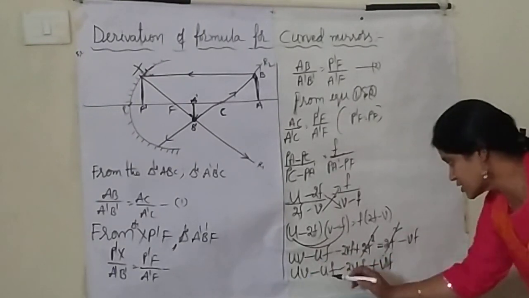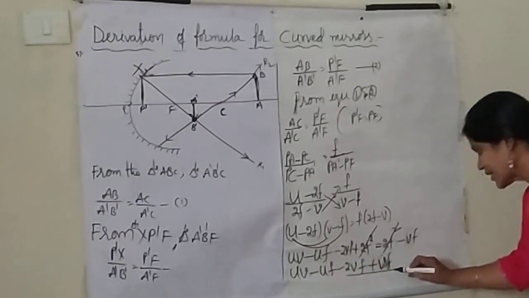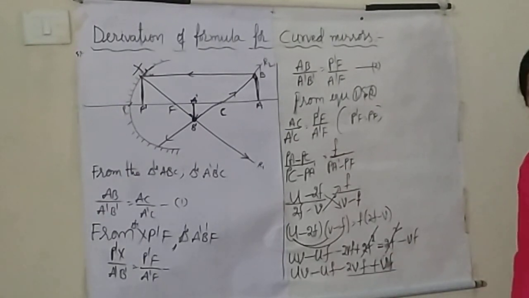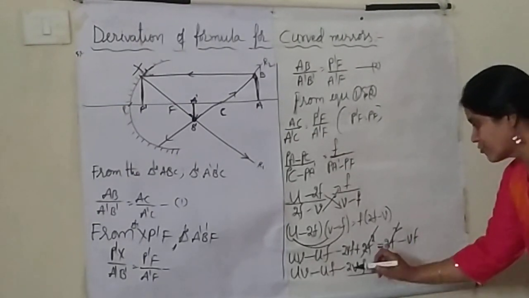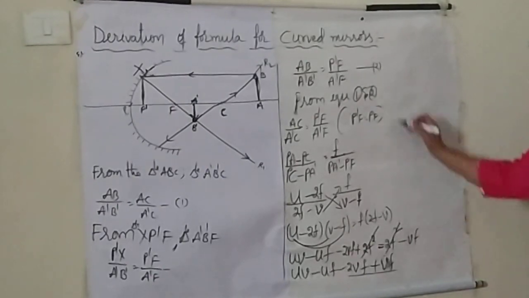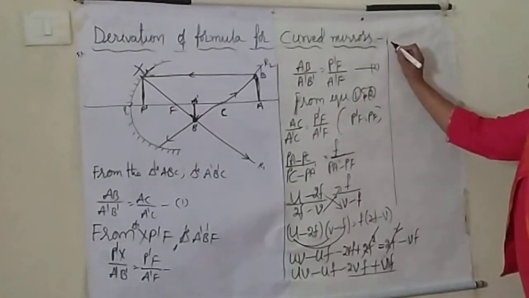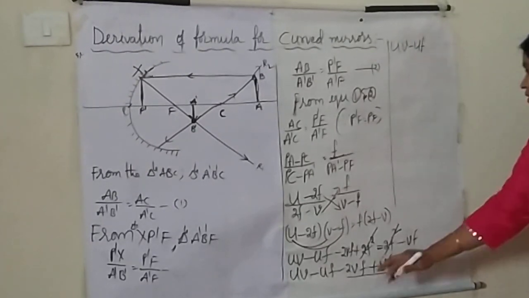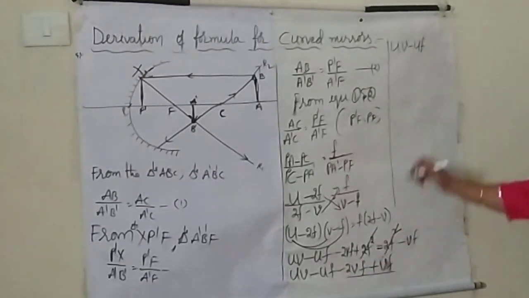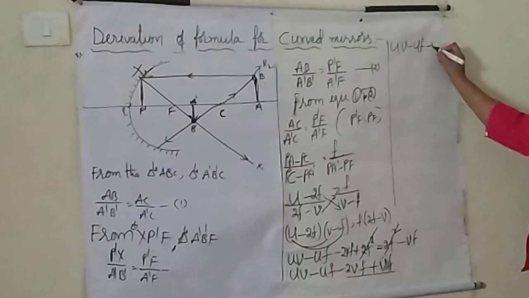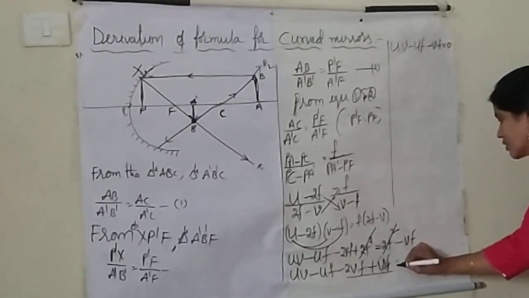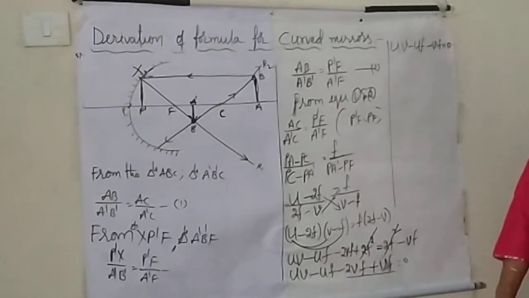Now you cannot simplify further, but these two, VF and VF, are like terms. Like terms you can simplify by simplifying the coefficients. So UV minus UF, here minus 2 plus 1 becomes minus VF is equal to 0.